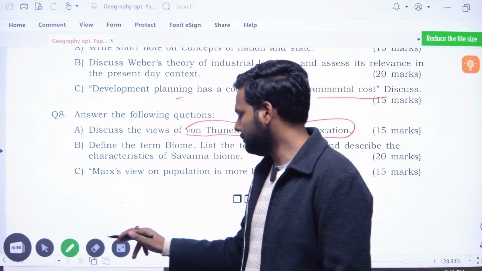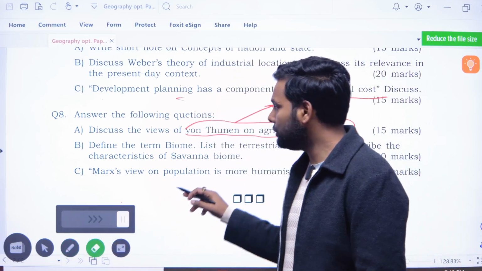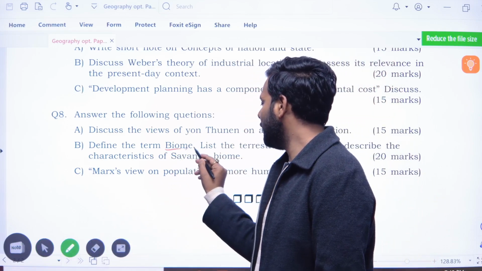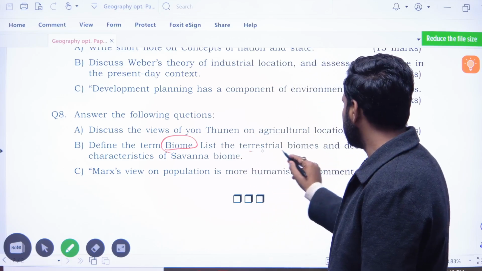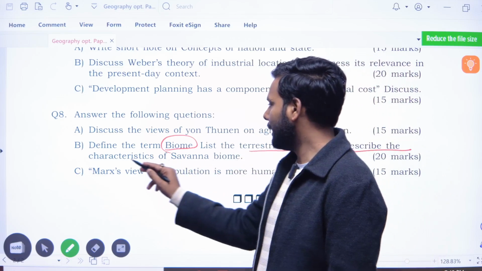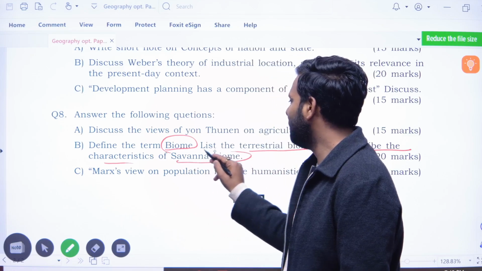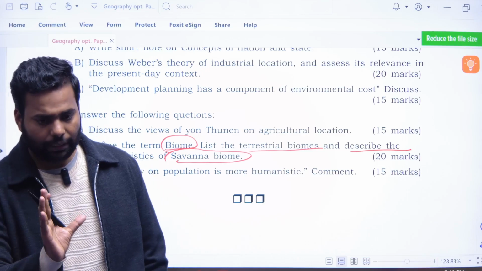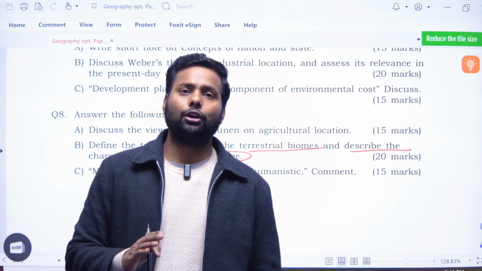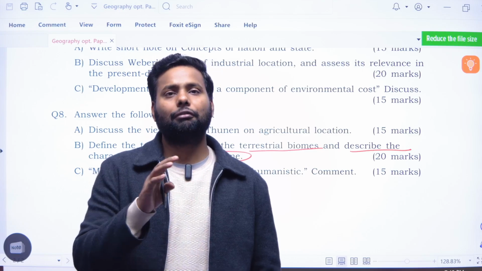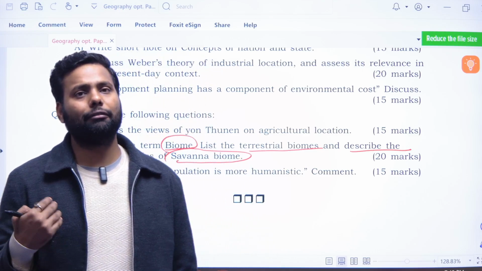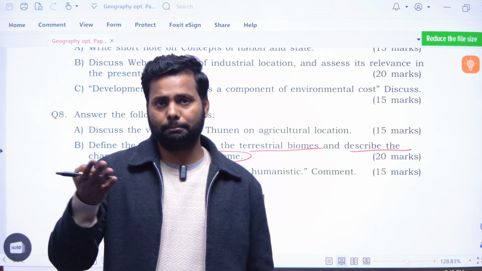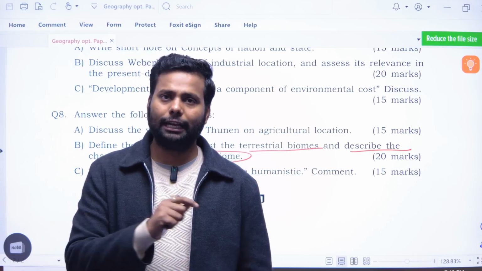Okay, now we are moving to another question. Define the term biome, list the terrestrial biomes and describe the characteristics of the savanna biome. We all know that biome is the term which talks about homogeneous conditions for any kind of flora and fauna, any kind of geological and botanical development of flora and fauna in that particular region.